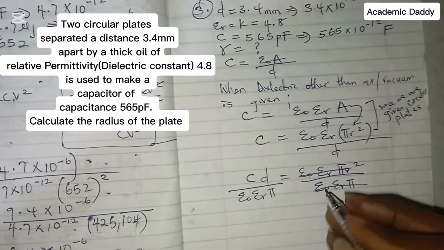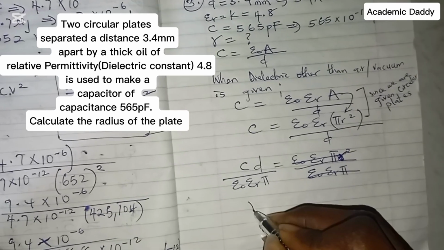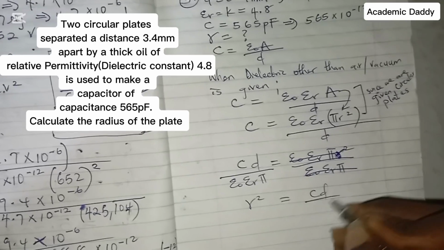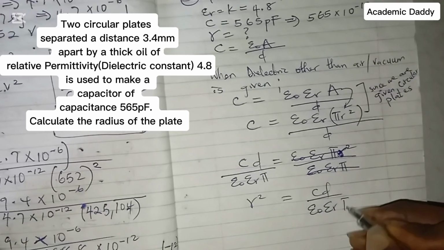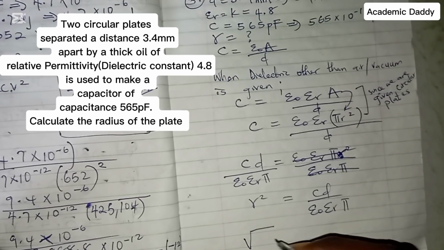That is trying to get the R that we are asked for. So that this becomes R square equals to CD over E naught ER pi. So we take the square root of both sides.